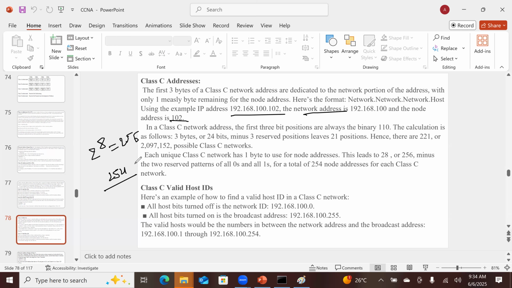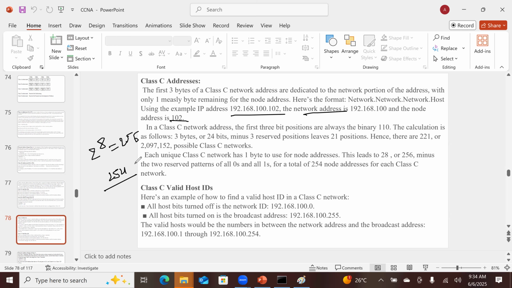And if I'm designing a medium size network, then you'll go for class B. If you need some 50,000 plus IP addresses, then you can go with class B. If you have a very small network, then you can go with class C. I mean, 256 or 254 is also not a small number, and no one will have this many systems in a small network.